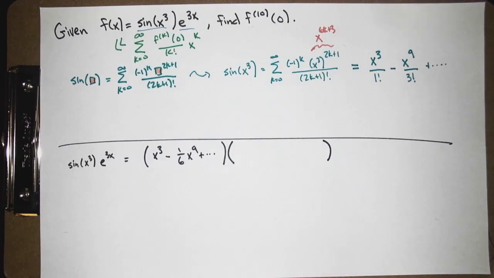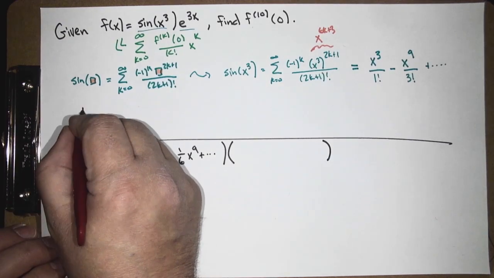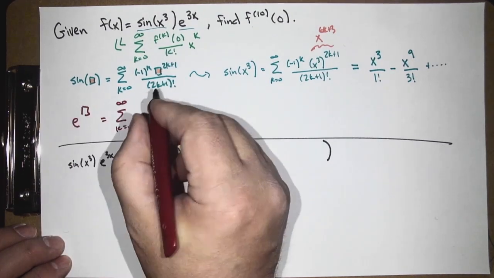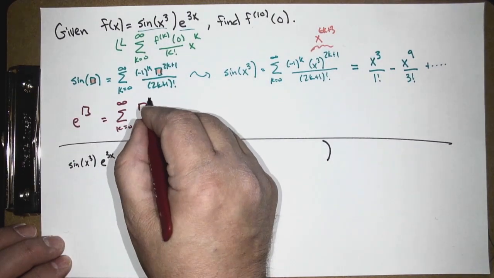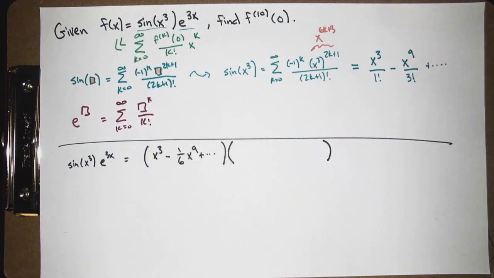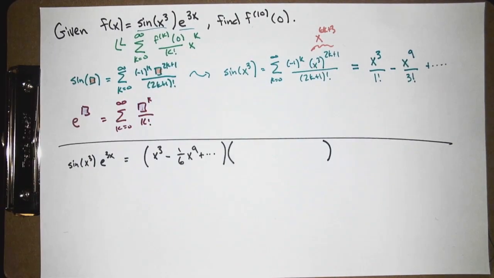Okay. So let's talk about the next part. We have e to the something. That's the sum 0 to infinity, something to the k over k factorial. That's just the formula for the exponential function Taylor series. All right.